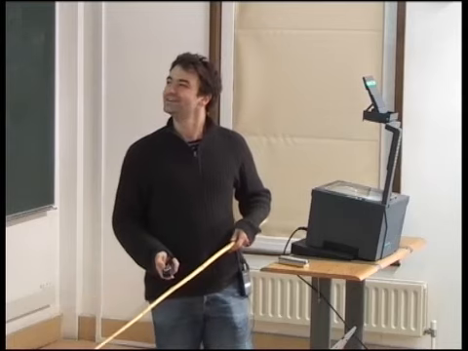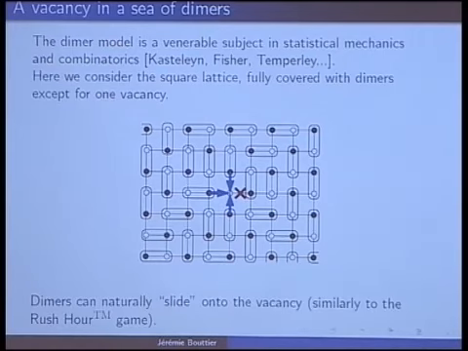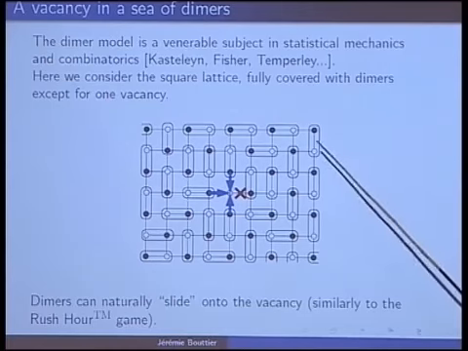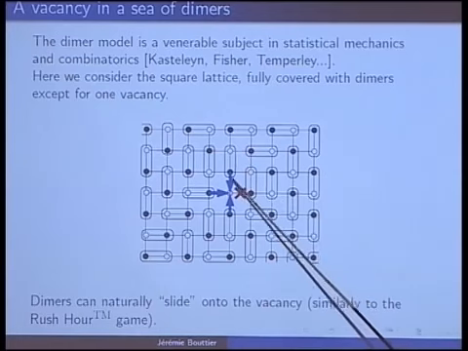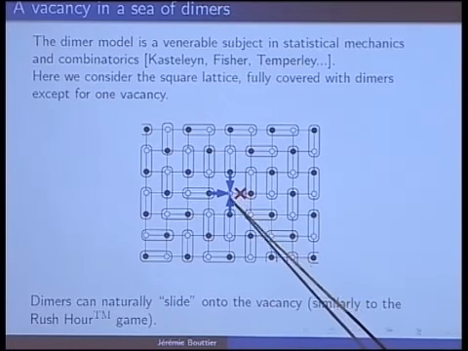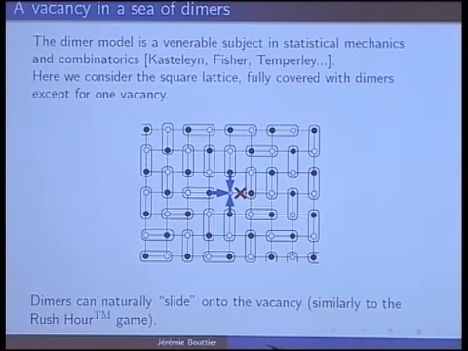In this problem there is a natural notion of movement of dimers, because once you have a vacancy, very naturally you would like to think about the dimers as moving, taking the place of the vacancy by sliding into its place, so that the vacancy moves.